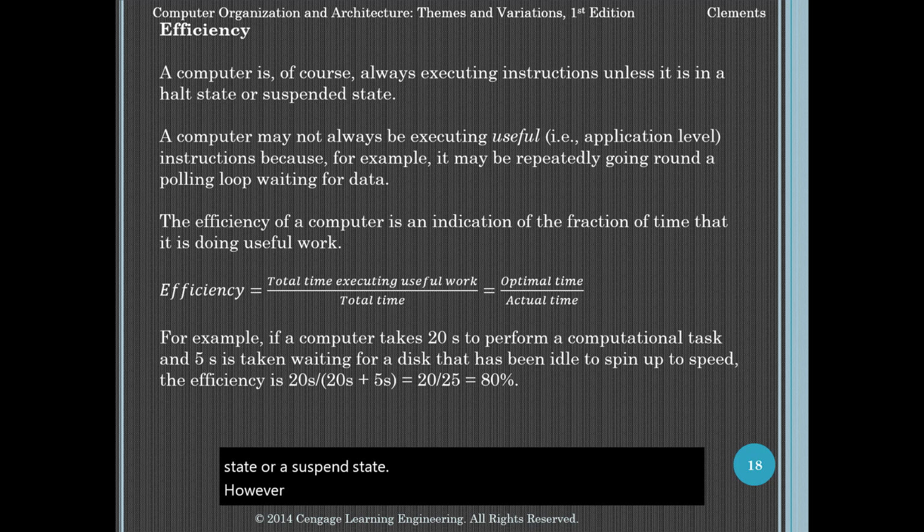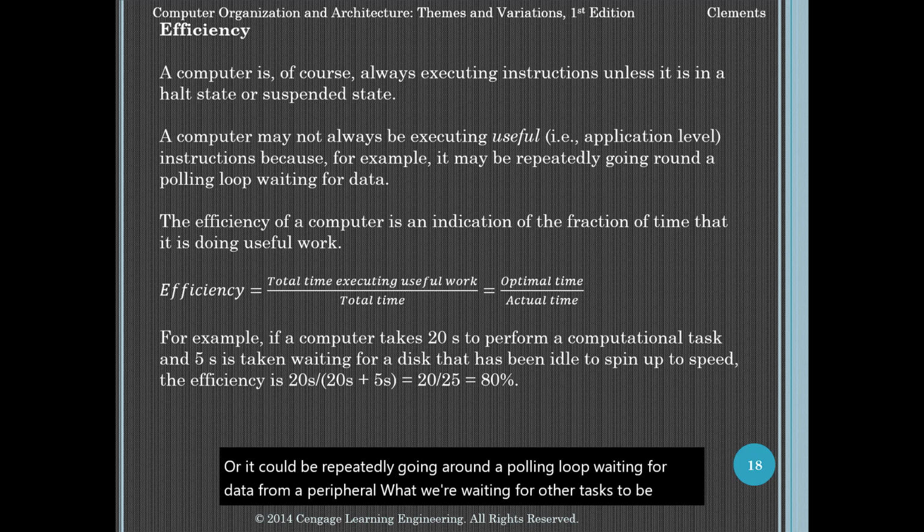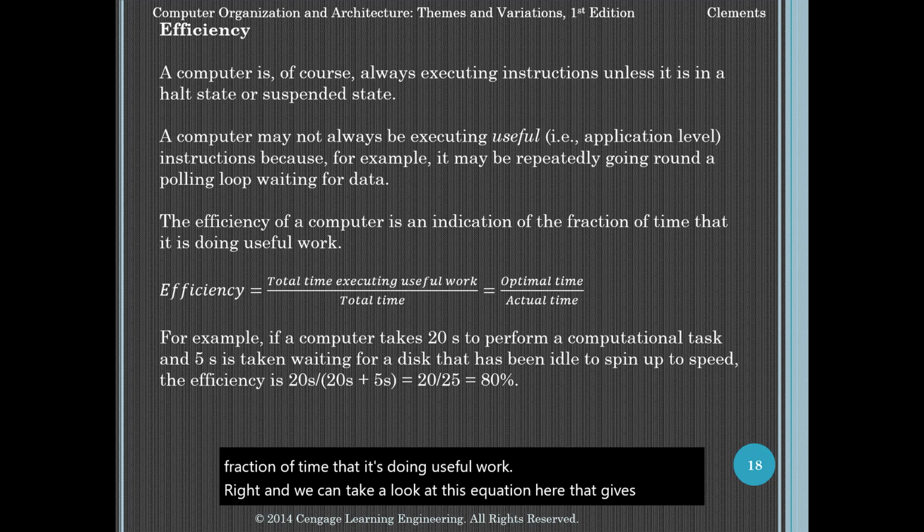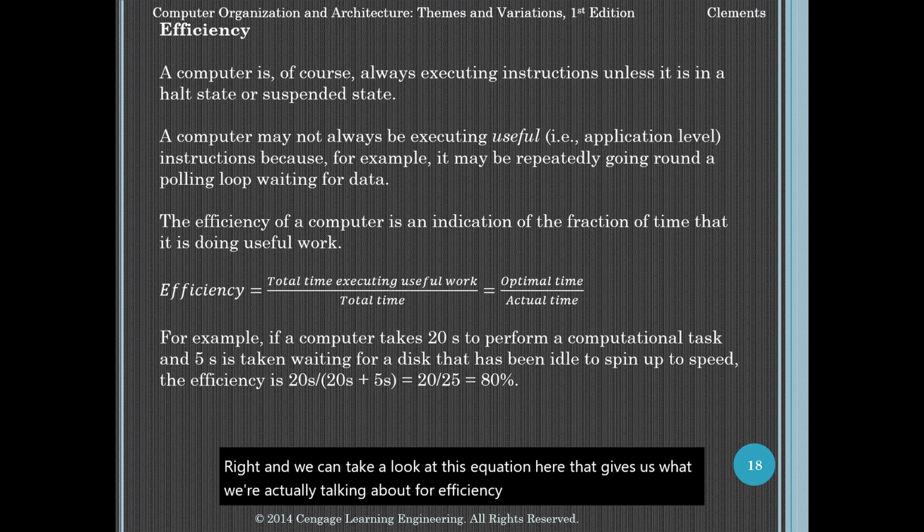However, the computer may not always be executing something useful, like an application level instruction, or it could be repeatedly going around a polling loop waiting for data from a peripheral, or waiting for other tasks to be executed, right? So the efficiency of a computer is an indication of the fraction of time that it's doing useful work, right? And we can take a look at the equation here that gives us efficiency.